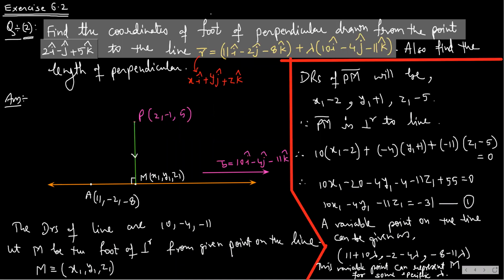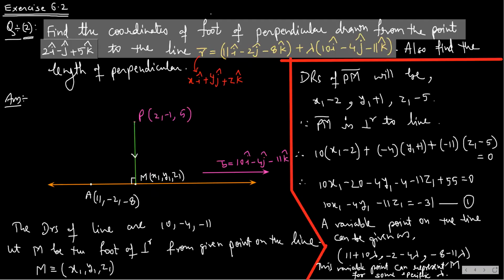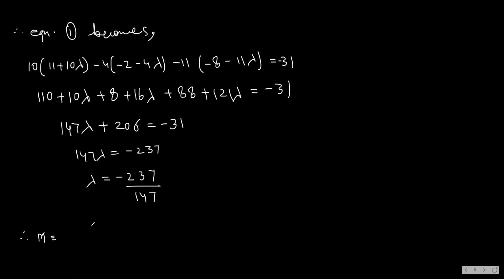So I will now substitute. The coordinates of M: 11 plus 10 times minus 237 upon 147.